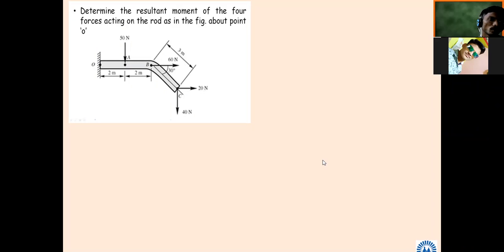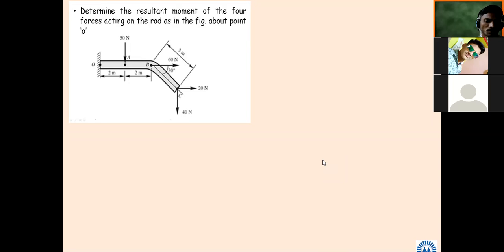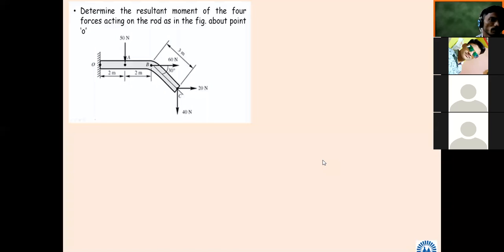So what we have to do, we have to find whether this diagram is visible. Are you observing the diagram, or is it possible to see this diagram clearly? Yes, sir. Okay, so you can draw this diagram by freehand. Actually, there is one rod in which how many forces are there?